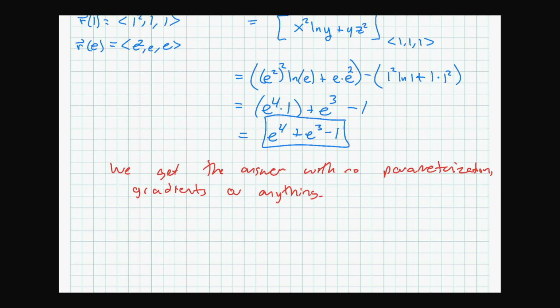You just have to know what the little f is, and the a and the b. So the f, the r, the a, and the b, that's all you need to know.